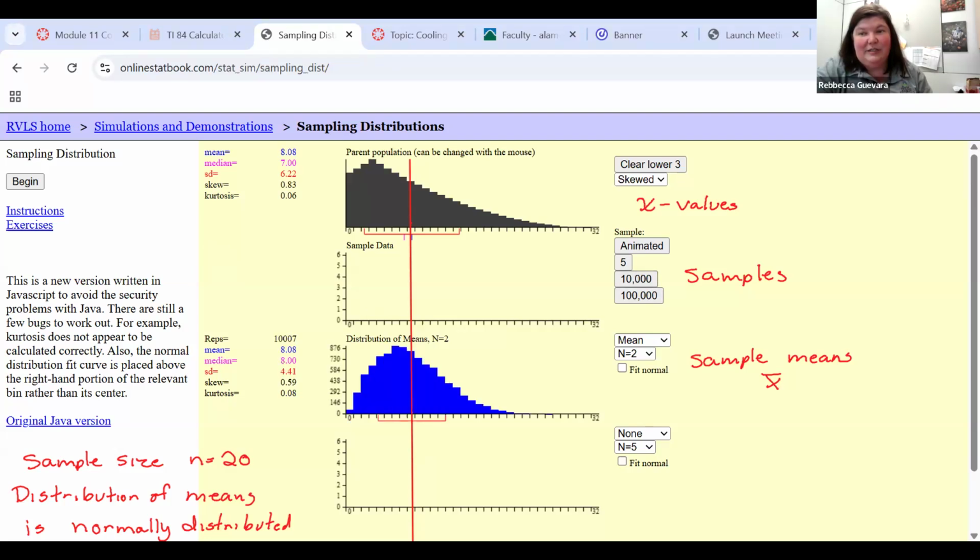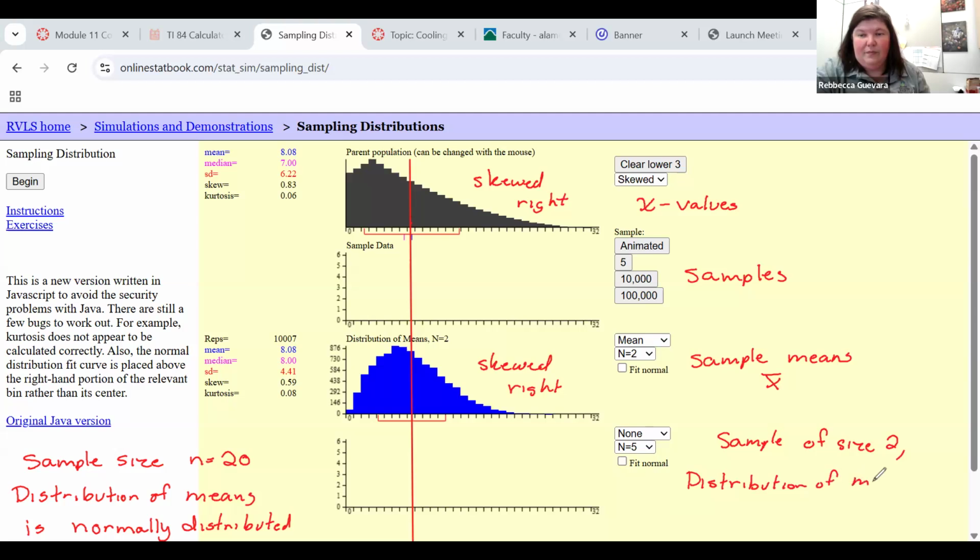So if I did a small sample size, notice that we started out with something that is skewed to the right, and now we're still skewed to the right. So when I have a sample of size 2, the distribution of means is still skewed.